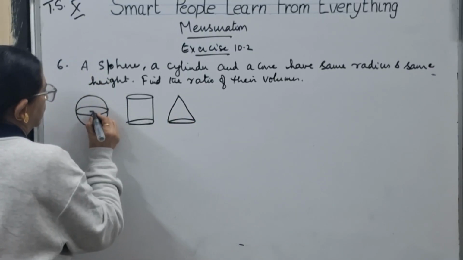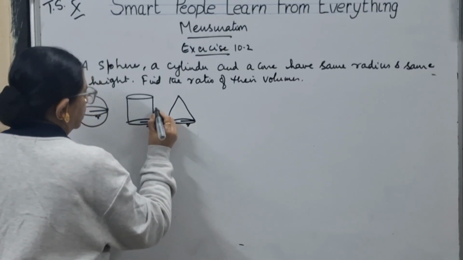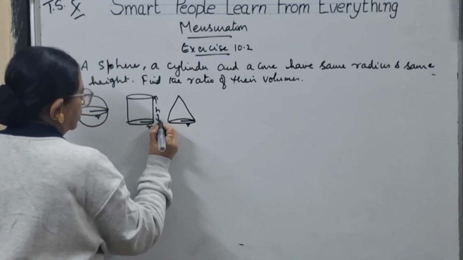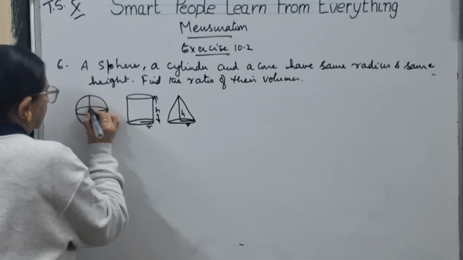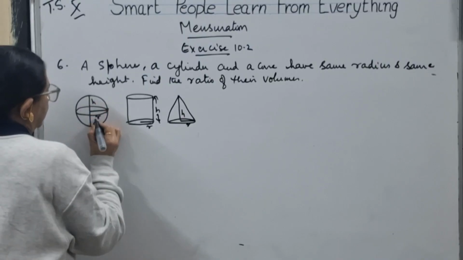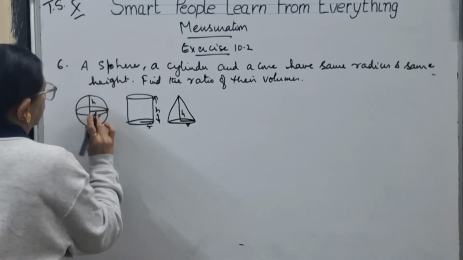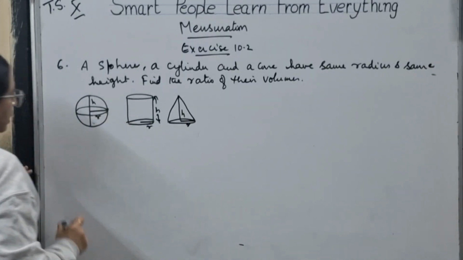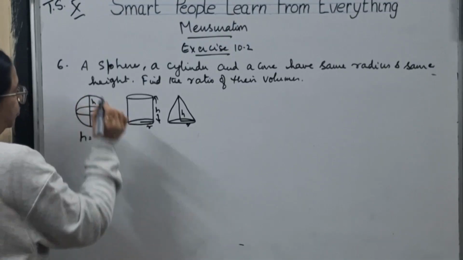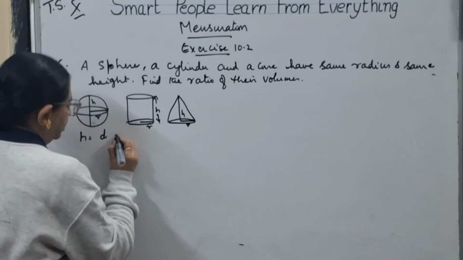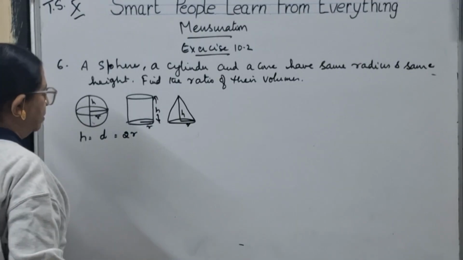All three have the same radius, and this is the height of this, and this is the height of this. All of them have the same radius and the same height. So actually, children, height is nothing but the diameter for this sphere. If height is diameter, that is 2r. In the place of height, you can write 2r.